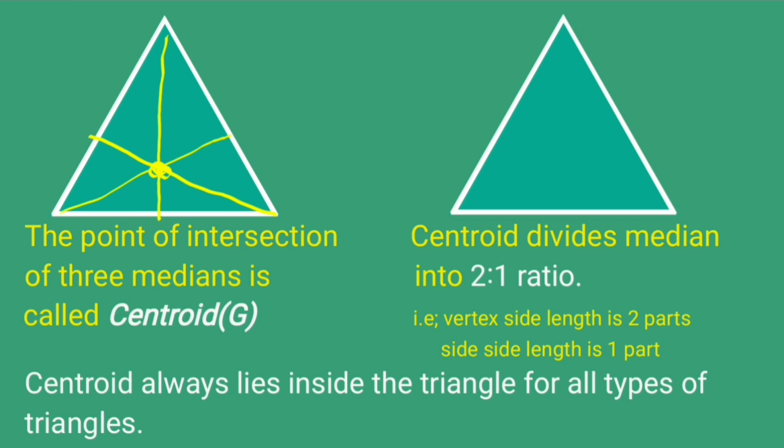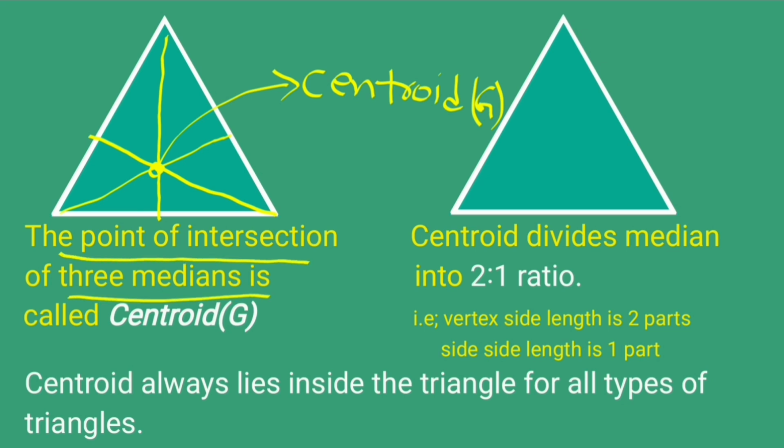So this point is called centroid, and it is represented with capital G. That statement is written here. The point of intersection of three medians is called centroid.